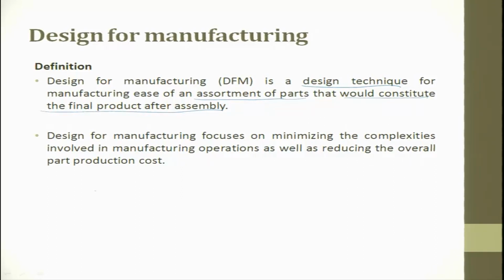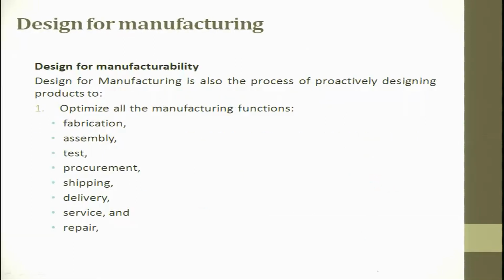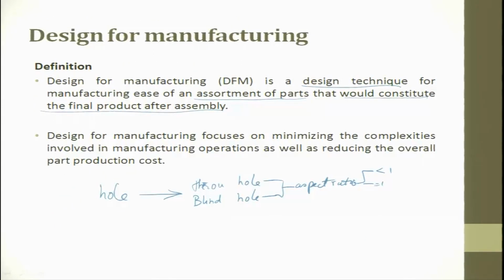For example, when I talk about a hole, you can have a through hole, you can have a blind hole, and through holes and blind holes for varying aspect ratios, where the aspect ratio can be less than 1, equal to 1, or greater than 1.